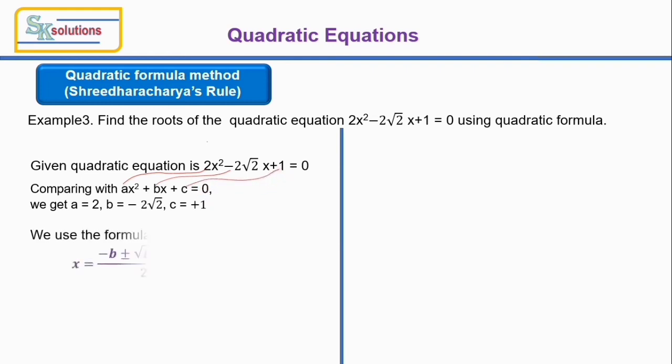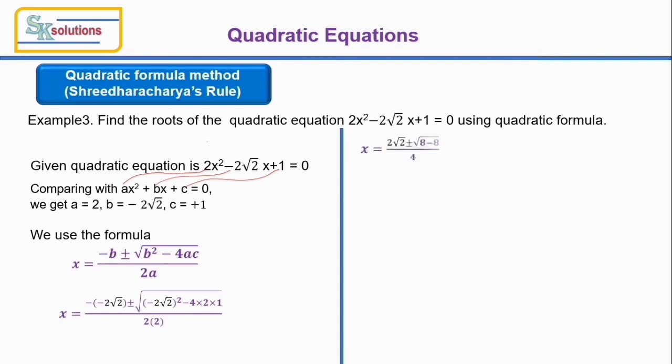So by replacing these values in the formula, we will get x is equal to minus of minus 2 root 2 plus minus root over minus 2 root 2 the whole square minus 4 into 2 into 1 divided by 4. On simplifying, you get 2 root 2 plus minus root over 8 minus 8 divided by 4.